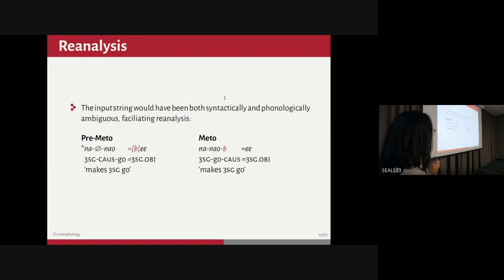So this means that the string in the input, the proto-Meto string, would have been more syntactically and phonologically ambiguous, right? Because the b is unclear if it's on the right or on the left. The covert marker of causativity is really a 0. So what I'm proposing is that this 0 prefix was reanalyzed as this overt suffix in B. And that's really the source of this causative suffix.